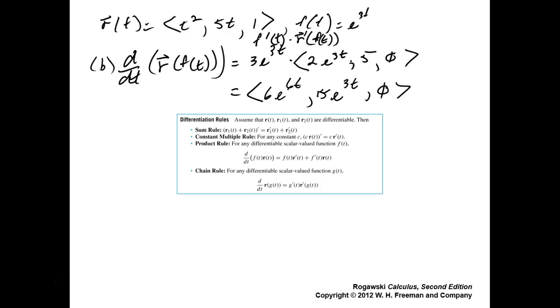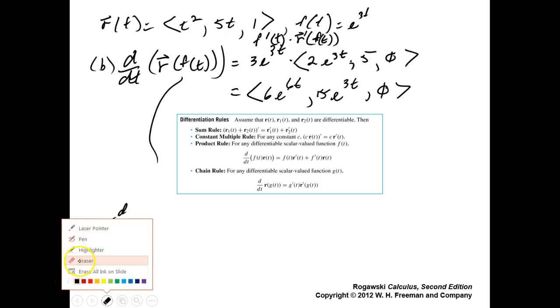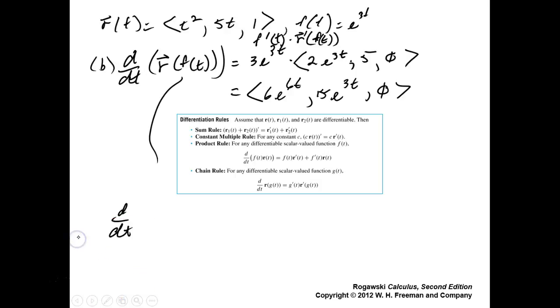See, for me, it would have been better to do this at this stage: write that as d by dt of r of f of t, which would then be e to the 3t squared, comma, 5e to the 3t, comma, e to the 3t.